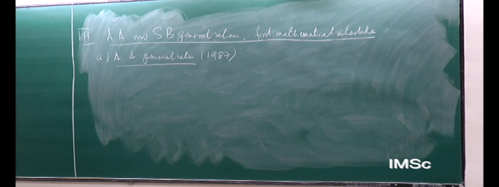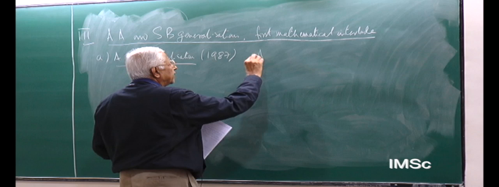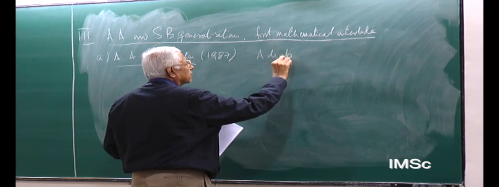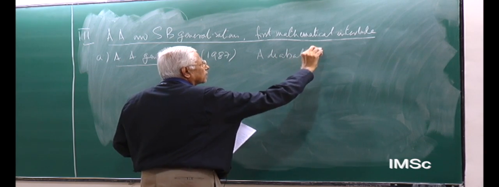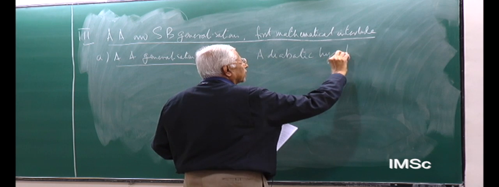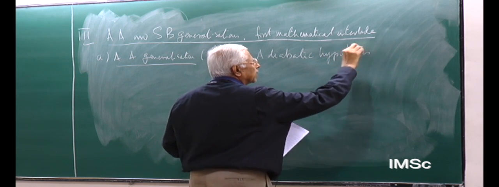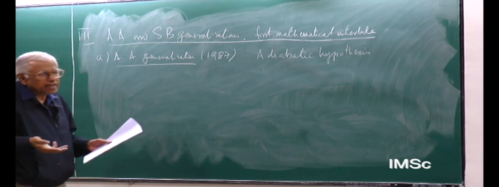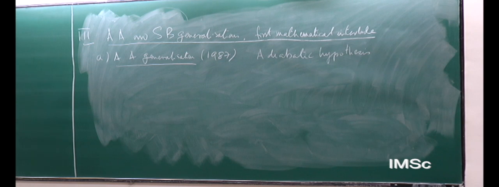So what they showed is that the adiabatic hypothesis, the idea that the Hamiltonian, either because it is explicitly time dependent or because it depends on parameters and they are time dependent, either case, the idea that the Hamiltonian changes slowly with respect to time, that is not needed in order to find a geometric phase.